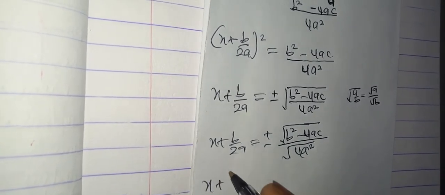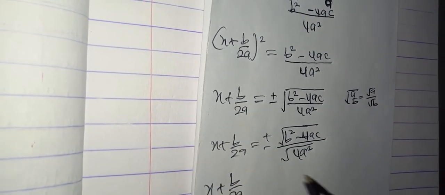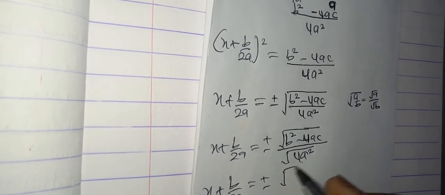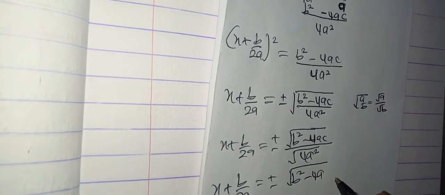Good. Now we are going to have s plus b over 2a is equal to plus or minus square root of b squared minus 4ac over, square root of 4 will give you a 2. Square root of a squared will give you a.